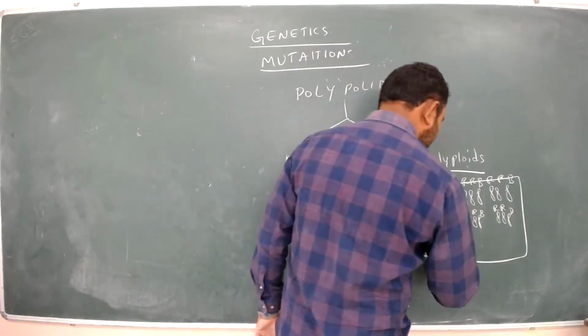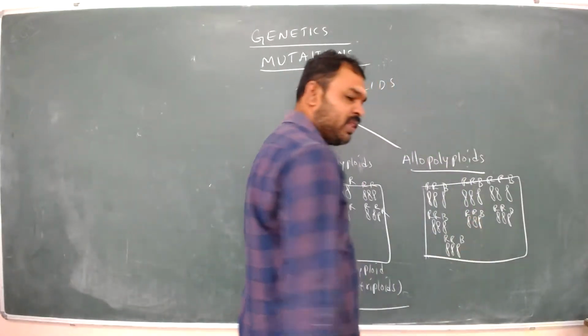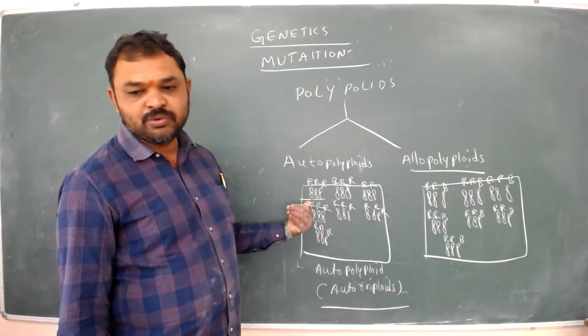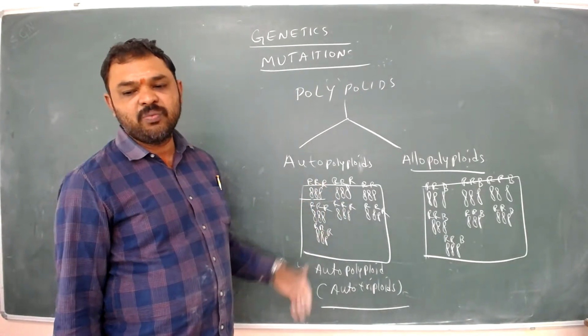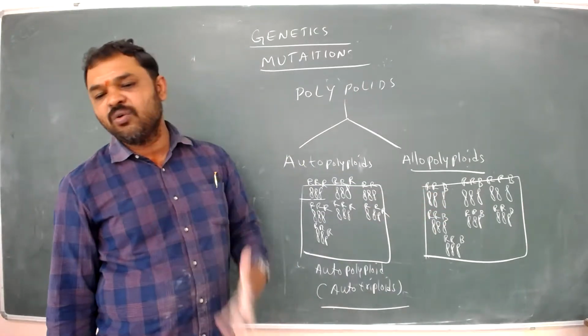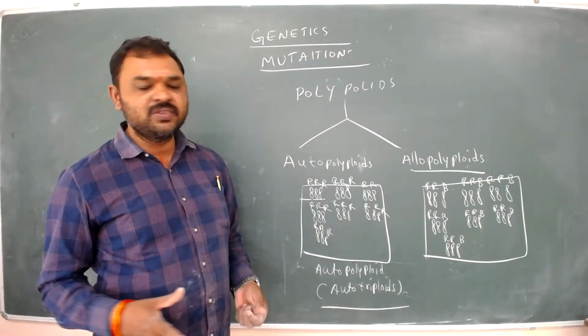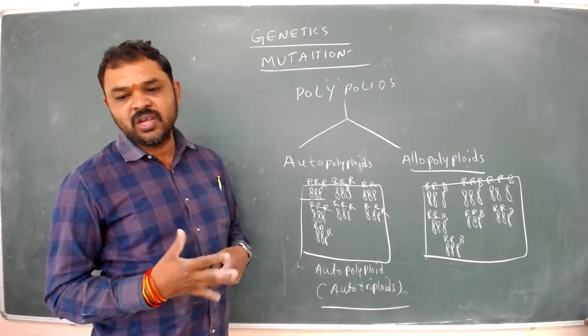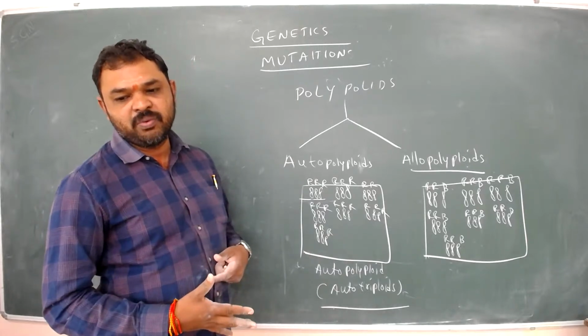The addition of the same chromosome to their virginal set is an autopolyploid. The addition of different chromosomes to their virginal set is an allopolyploid. Like this, polyploids are autopolyploids and allopolyploids.